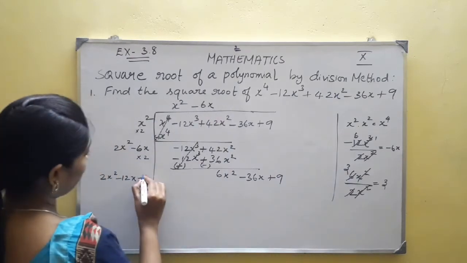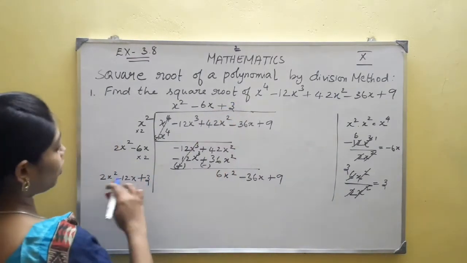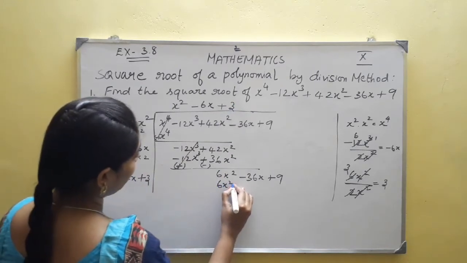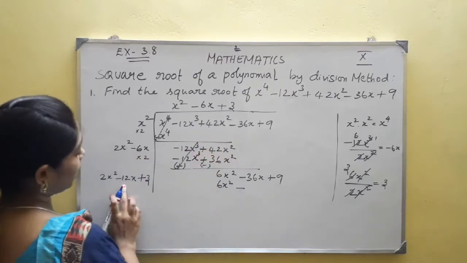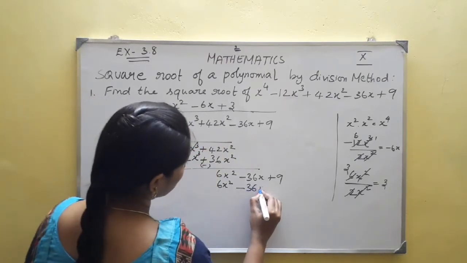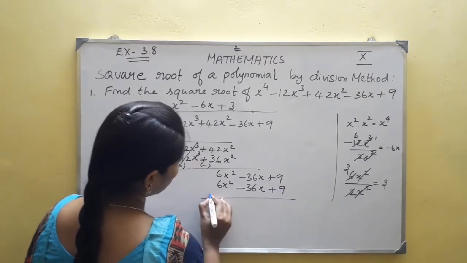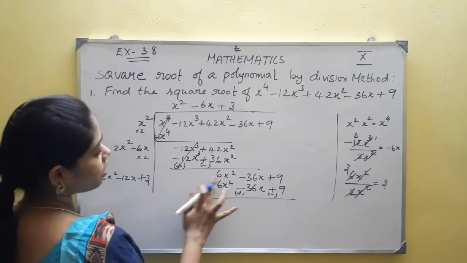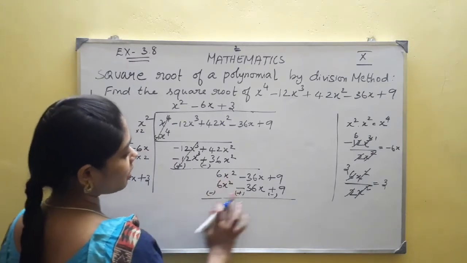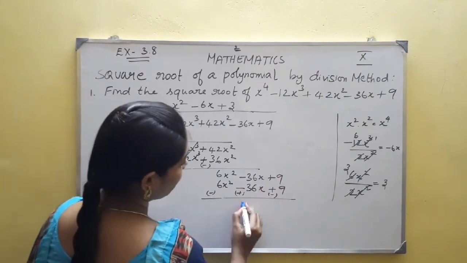So write plus 3 here and here. Now 3 2s are 6 and x square, plus into minus minus, 3 into 12, 36x, plus into plus plus, 3 3s are 9. If you change the sign here, 6x square minus 6x square get cancelled, minus 36x plus 36x get cancelled, 9 minus 9 get cancelled.